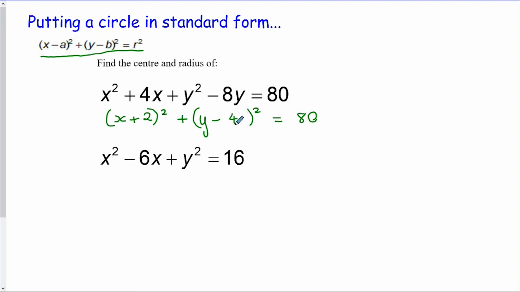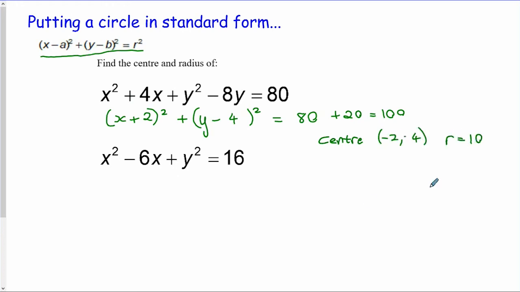Effectively, I've added in 20. In order to keep the balance, I've got to add in a 20 over here. And obviously that comes to 100. So this particular circle actually has a center of (-2, 4) and a radius of 10.